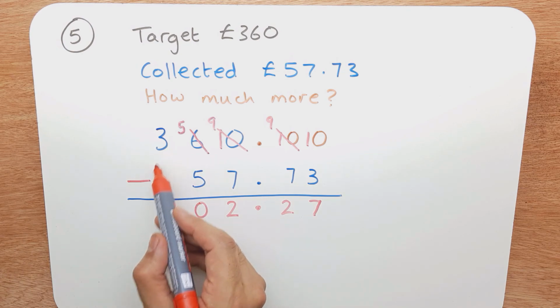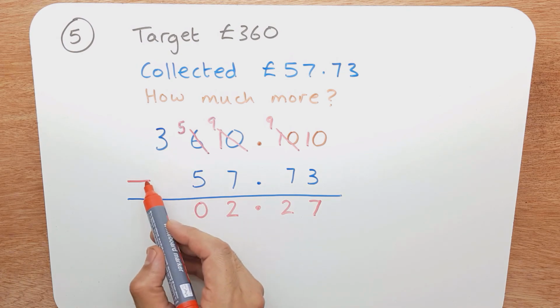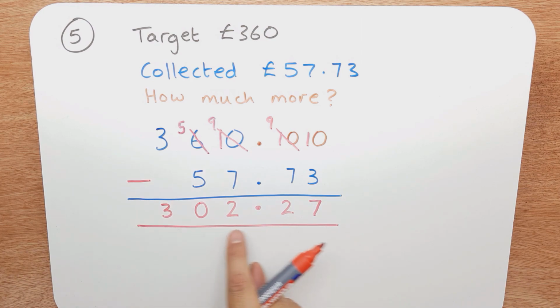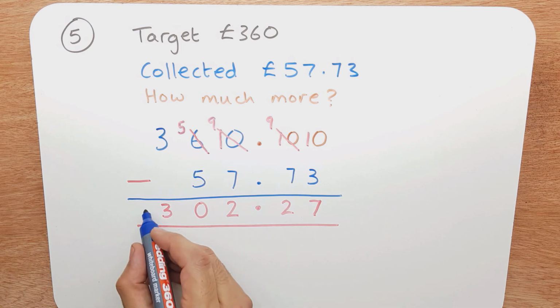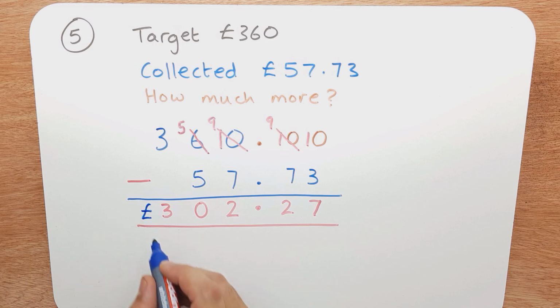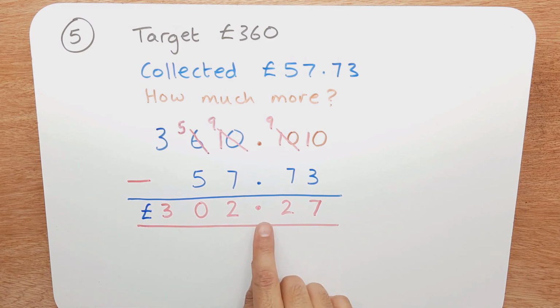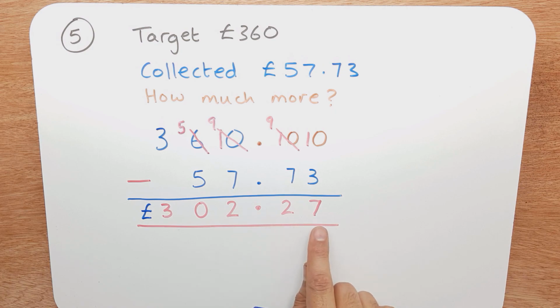And finally 3 take away, there's nothing here, so it's 3 take away nothing, which is 3. So that there is our number. And now because we're dealing with money, we put in this pound sign, and our number is £302.27.